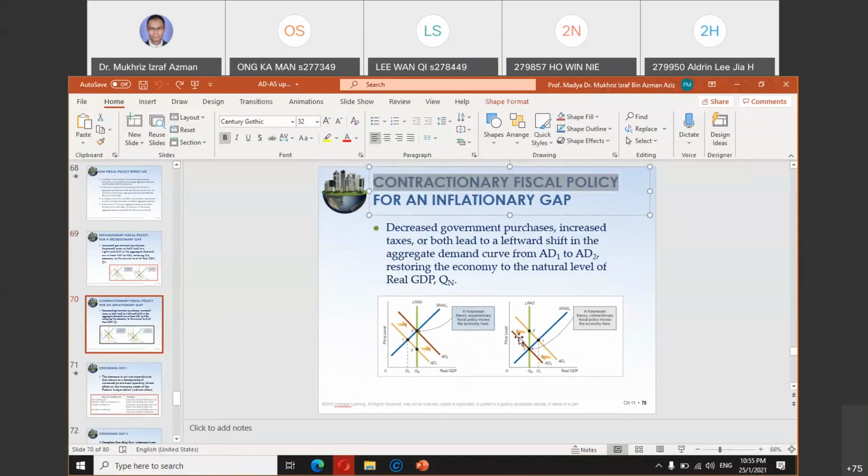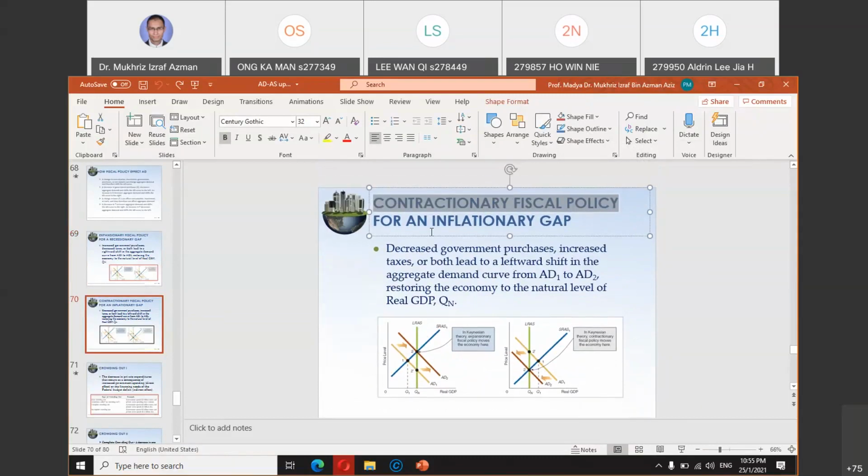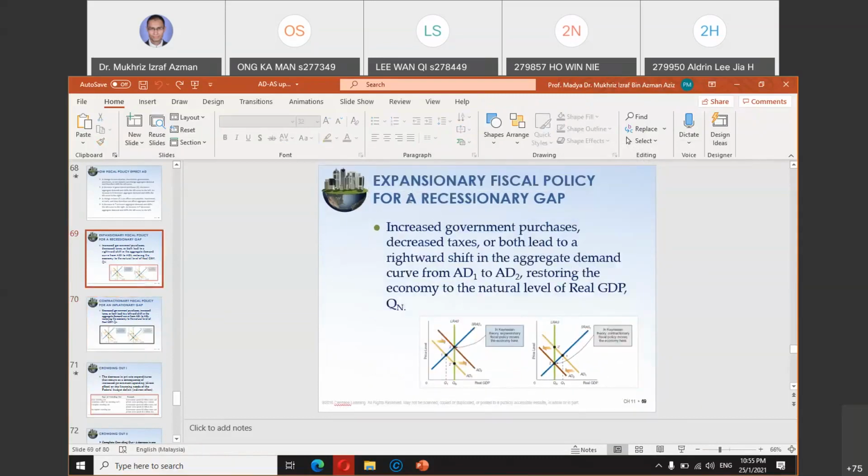Not in terms of the movement of the graph, just what comes under expansionary. Usually expand means you want to make the country grow. For example, now during COVID-19, the government will spend more, give more subsidy, reduce GST, reduce the tax. Anything that can lead to increased demand is what we call expansionary.